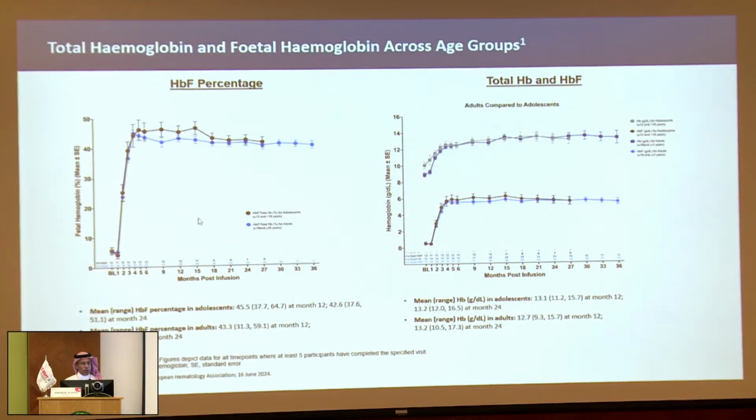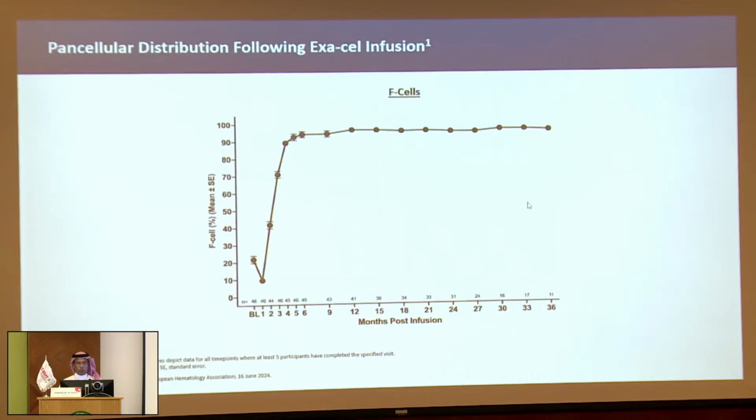Now, the hemoglobin F percentage out of the total hemoglobin was almost 40 to 50%, almost 40%, and that proved to be very effective to keep patients free of symptoms. This is the total amount of hemoglobin, which is close to 13 in both adults and adolescents, and this is the contribution of the hemoglobin F that you can see in both groups.